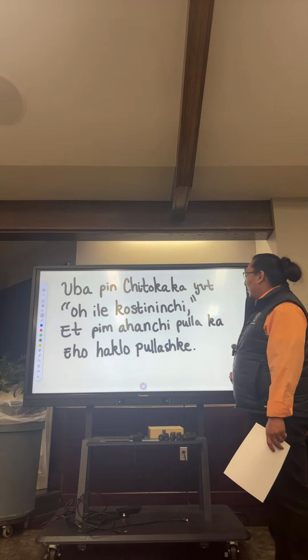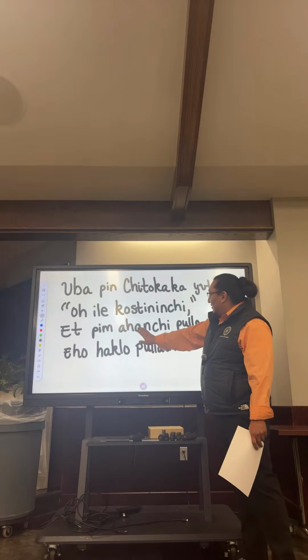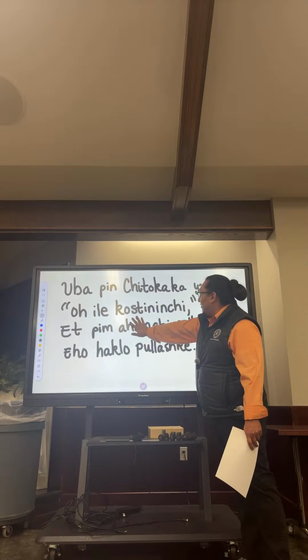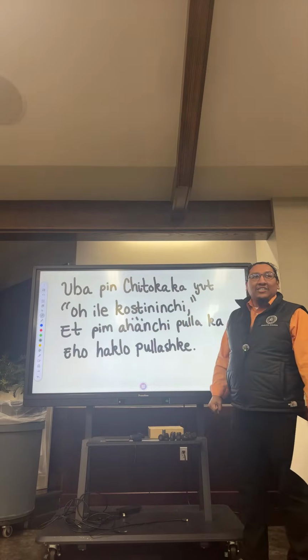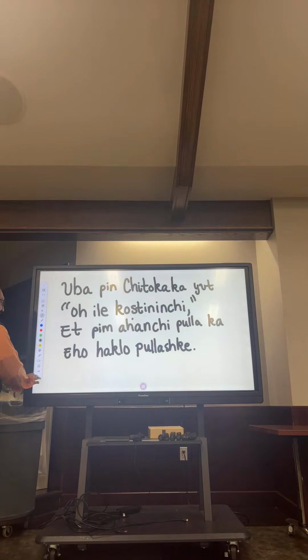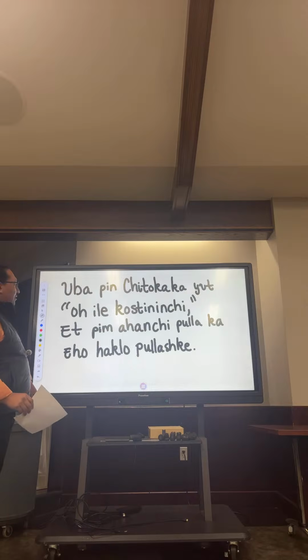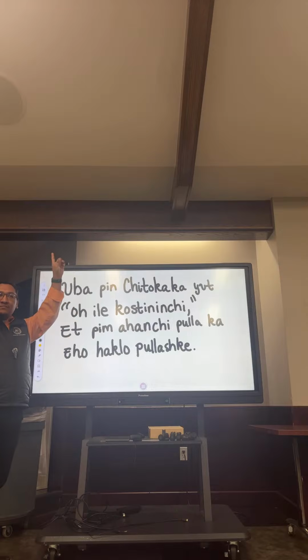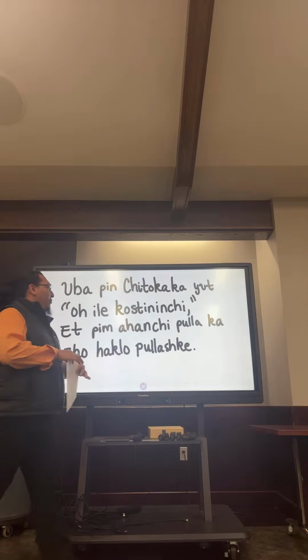If I took these three letters off, what do we have? Achi, yeah. I'm just trying to get you guys to recognize these things. What about Abba? It literally means up.